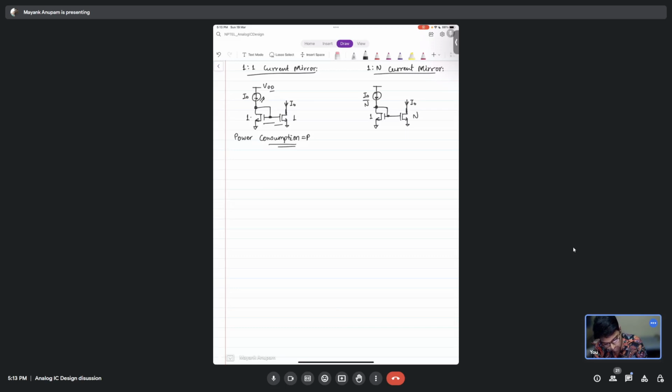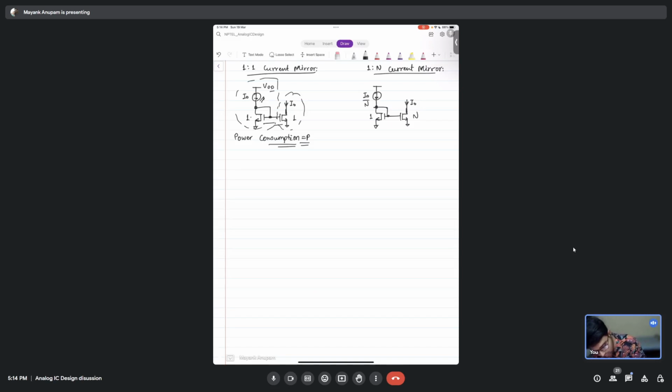So is that clear? Yes. So power consumption, let's call it P. And what will be the constituents of P? The constituents of P will be this part here, everything inside this, and this part here, correct?